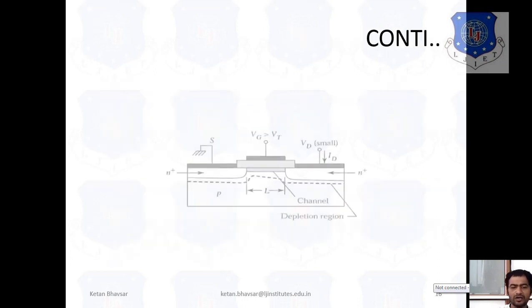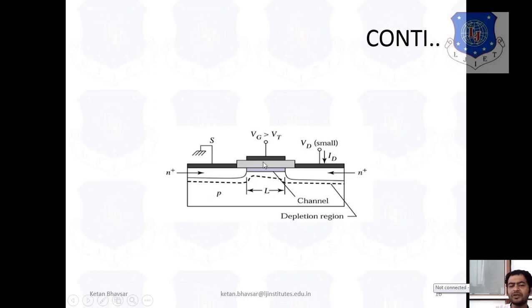And this is called the linear region, as you can see. In this particular situation, your gate voltage is greater than 0 and you apply a small amount of VDS, and then you can see the drain current is formed and the channel is established.